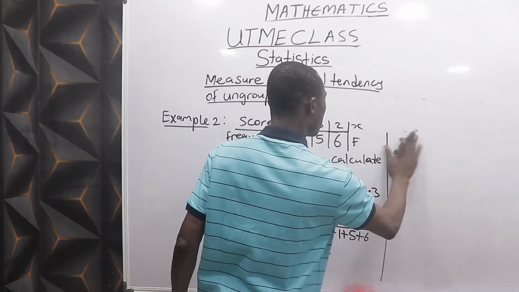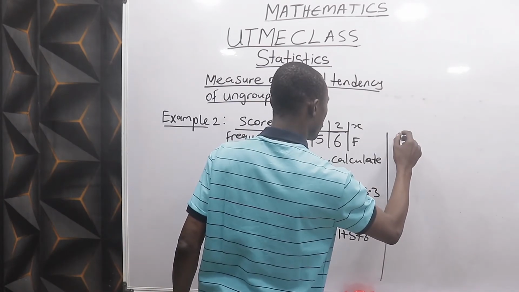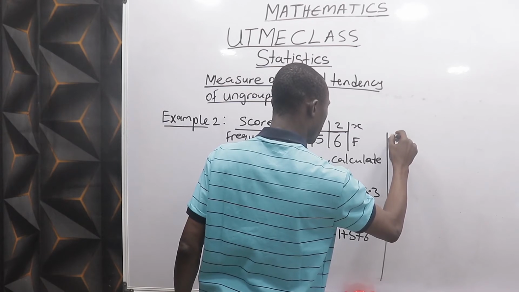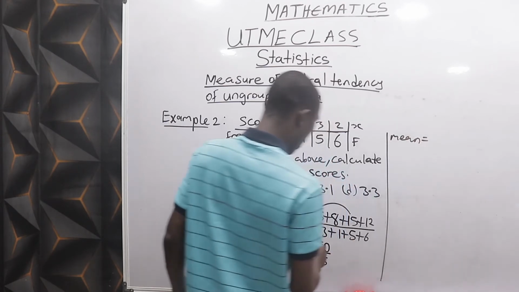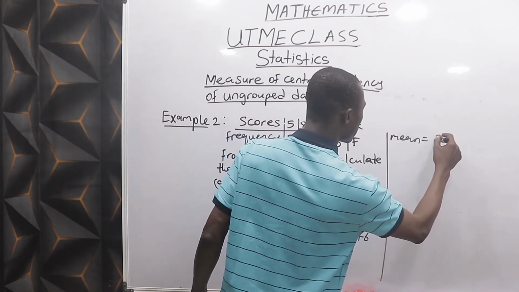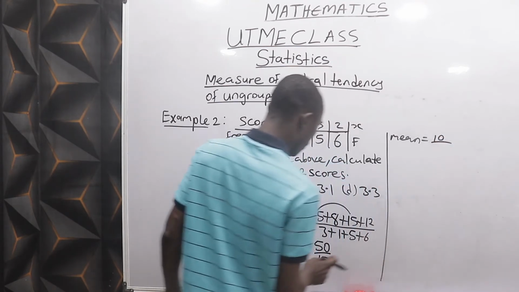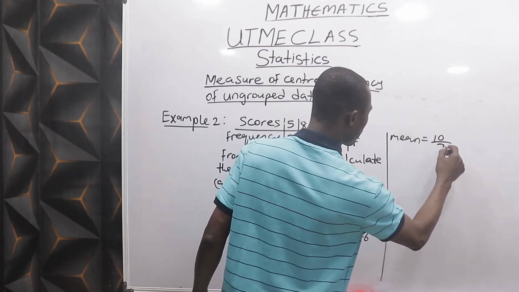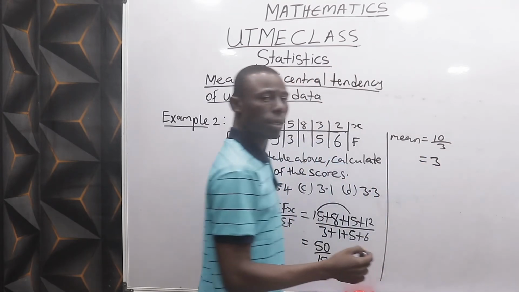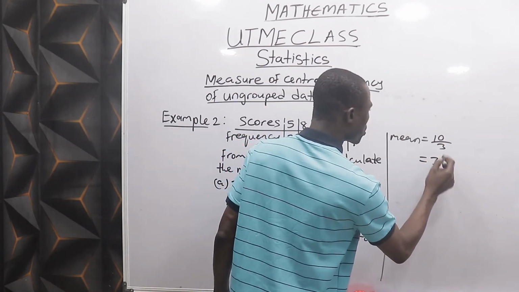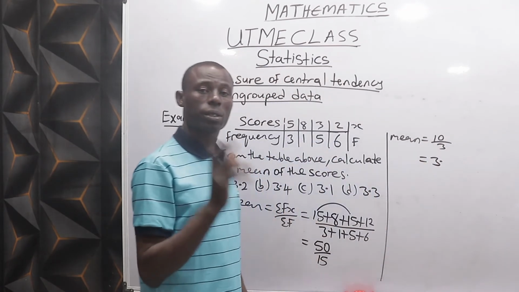Reducing 50 divided by 15 to the lowest term, mean equals 5 goes in 50, 10 times. 5 in 15, 3 times. So 3 in 10 is 3 point. It remains 1.